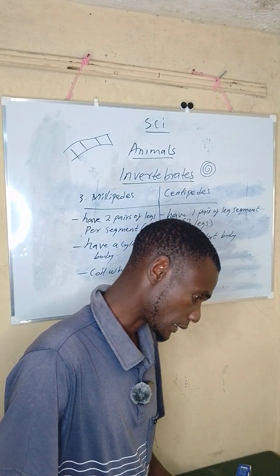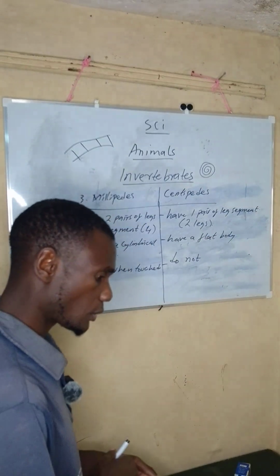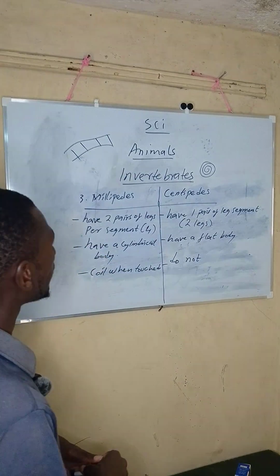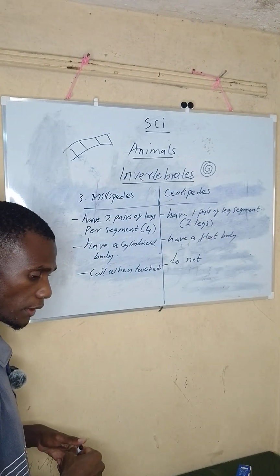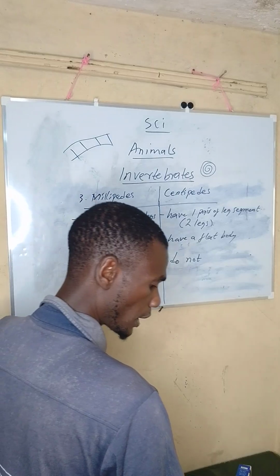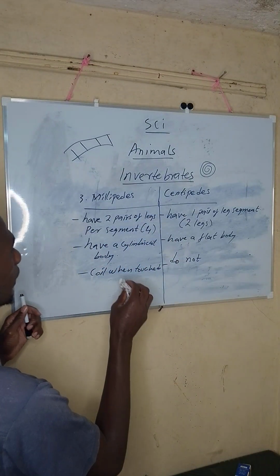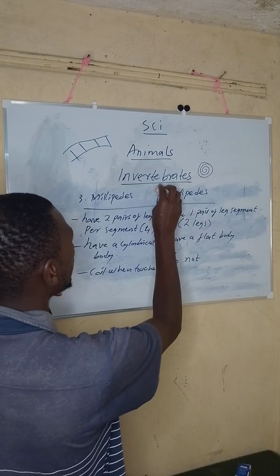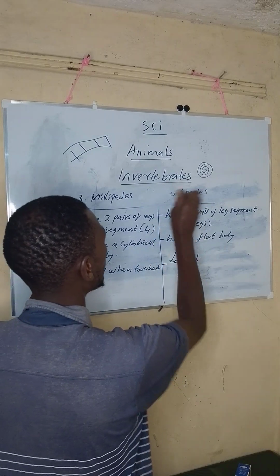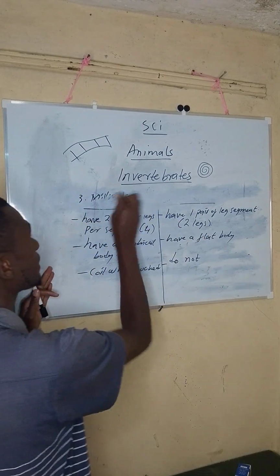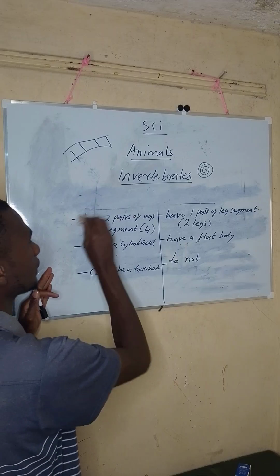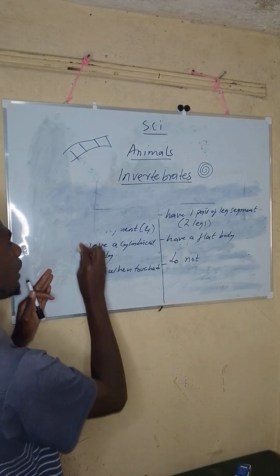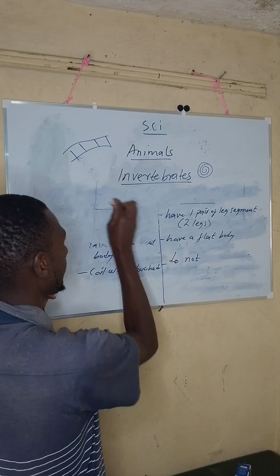Then there is also another group here, maybe the last group, which is easily differentiated: the snails and the slugs. The snails and the slugs also fall under invertebrates.